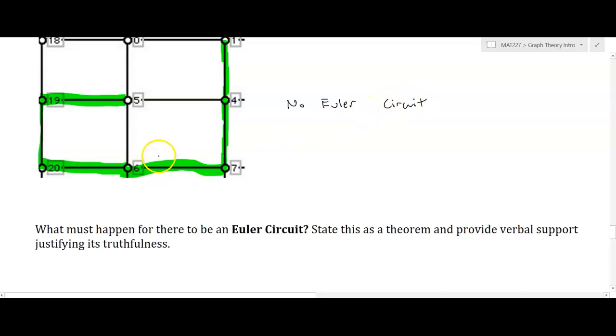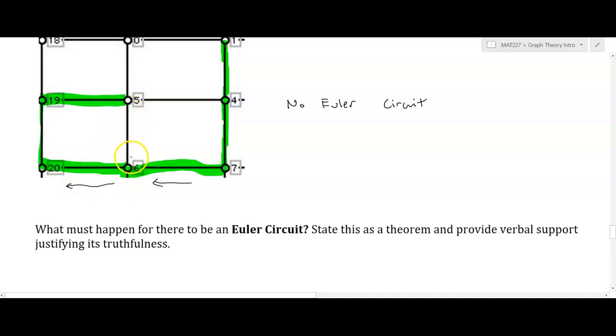So in order for something to have an Euler circuit, I need to be able to do 2 important things at each vertex. I need to be able to arrive at a vertex and to be able to leave the vertex an even number of times. In other words, here from 7 to 6, we arrived at 6, and then we left 6.